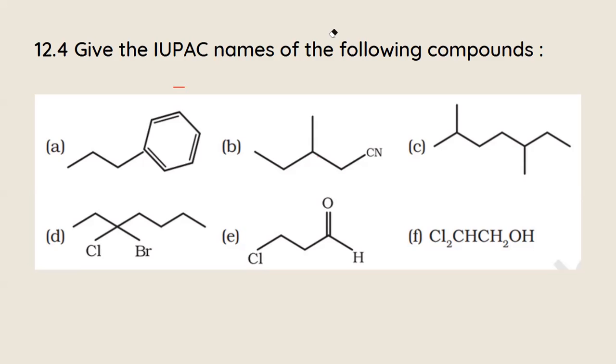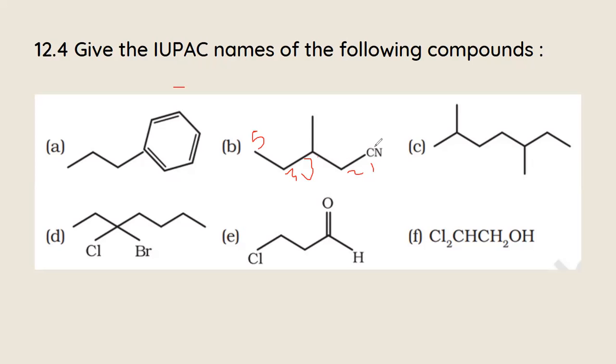So this is the first carbon, 2, 3, 4, and 5, because the cyanide group gets more priority over the methyl group. And at the third position, you have a methyl group attached to this chain. So the name of the compound is 3-methyl pentane nitrile.